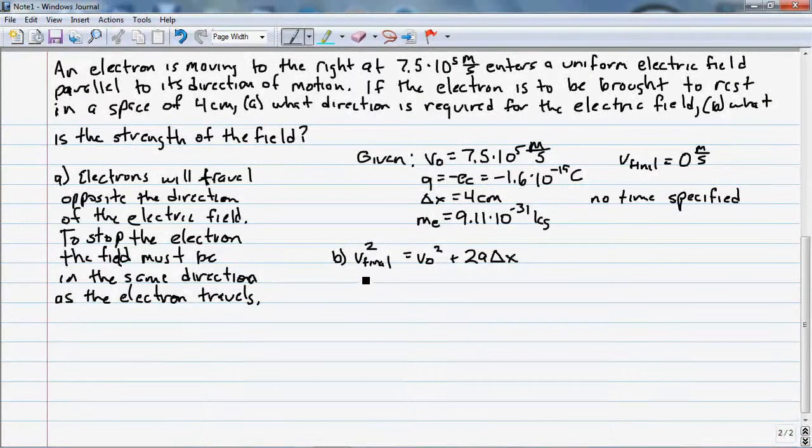So I know the mass of an electron times its acceleration is equal to, this is just a force, is equal to its charge times the electric field. So that means that the acceleration is equal to charge times electric field divided by the mass of an electron. And now I can substitute, and I know V final needs to be 0.